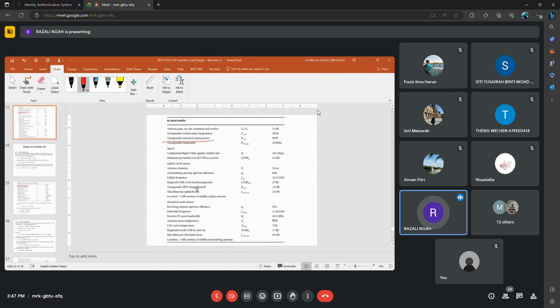Okay, let's say based on this one, can you determine the G over T uplink and G over T downlink?